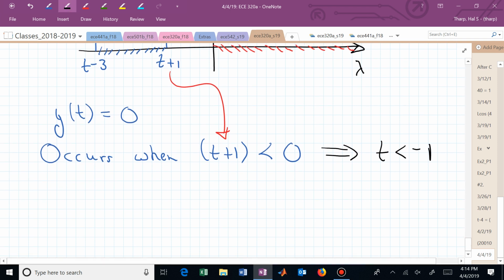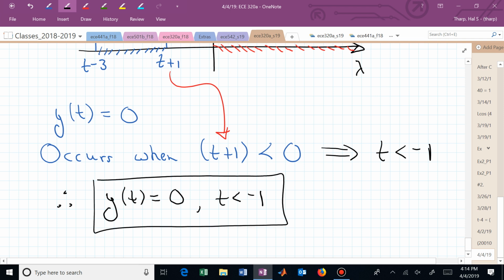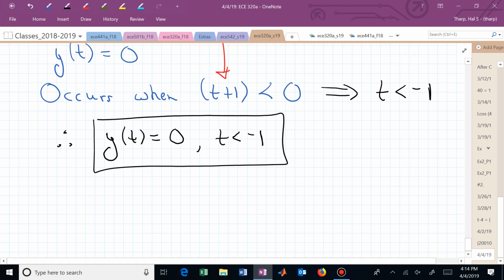So here's the very first answer that we can write down. We're going to have many different pieces to this answer. Y of t is equal to 0 as long as t is less than minus 1. If you want some points, you can at least find this case, I hope, on the exam, is the no overlap case. What if we have partial overlap?